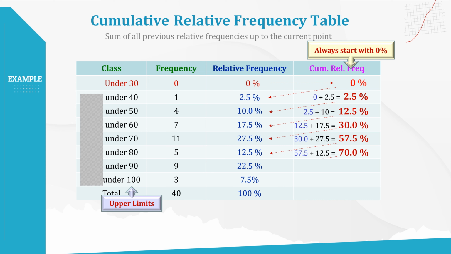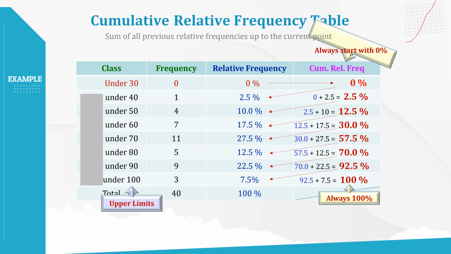We repeat this process to get a total of 100%. Again, please make sure that the last cumulative value is exactly 100%. To reiterate, an ogive must start with 0% and always end up with 100%.